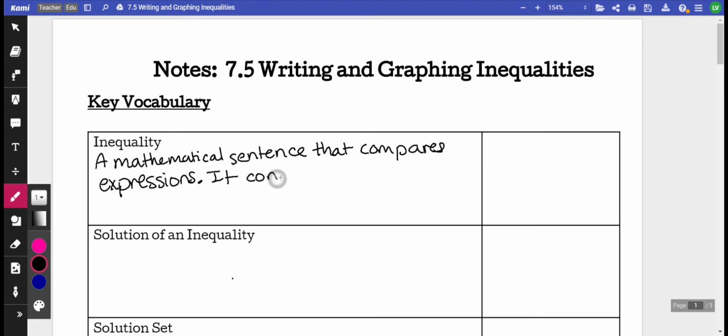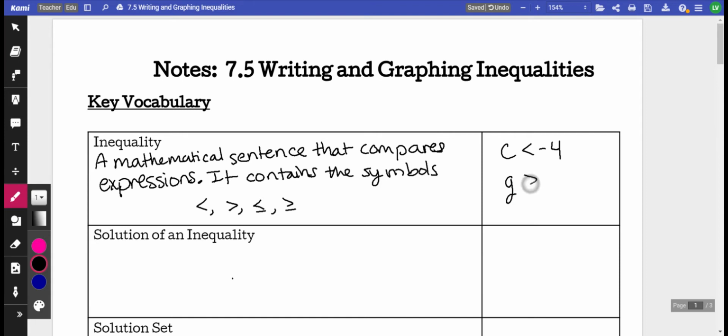It contains the symbols less than, greater than, less than or equal to, or greater than or equal to. So some examples: C is less than -4. G is greater than or equal to 5.